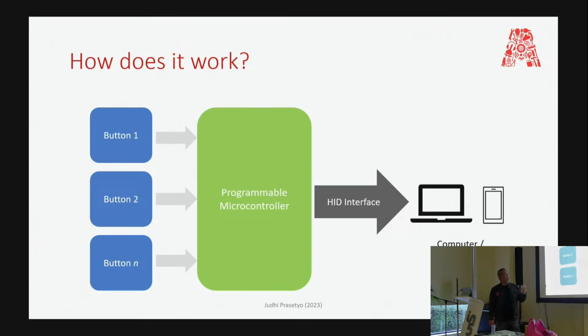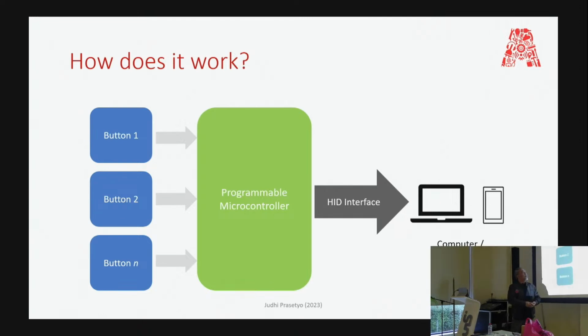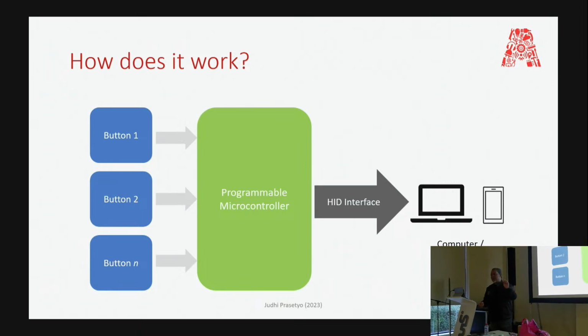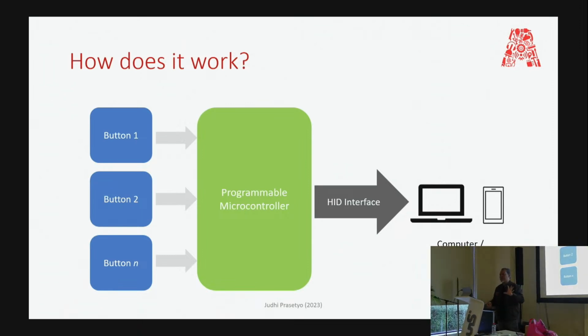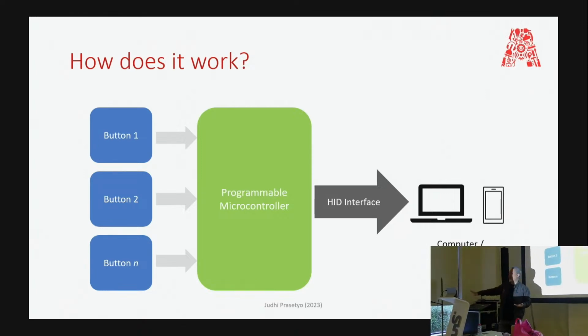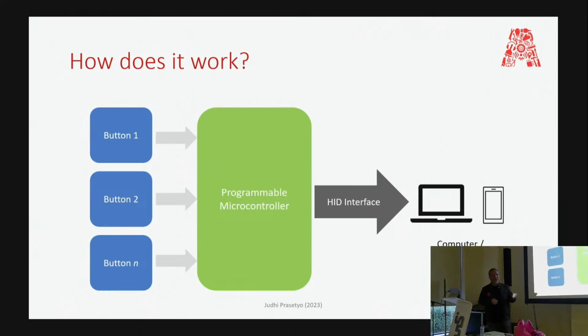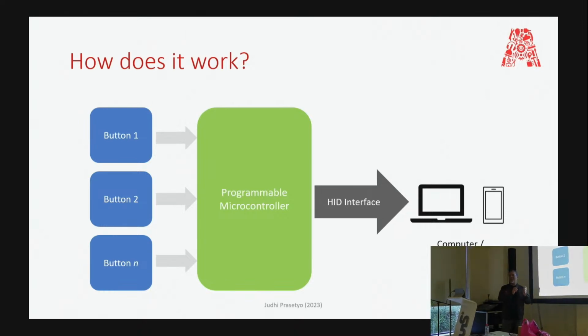It's an interface that allows the computer to interact with the human. And instead of a normal USB cable, we will use Bluetooth. This will give us more flexibility. So you can build something like this that is wireless. You don't have to be close to your computer. You can go around and play with your keys, right?